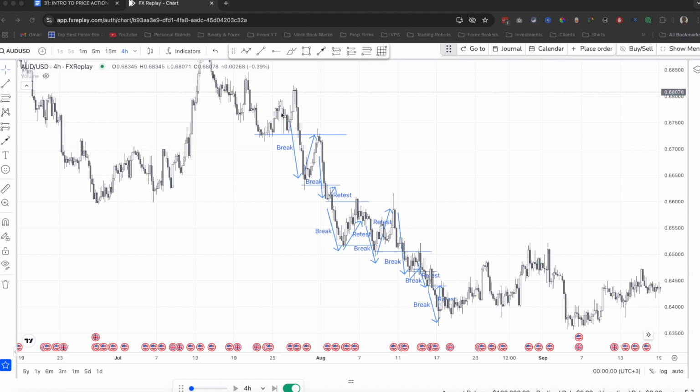After every break of that key level, we wait for a retest. There is a break of this key level, and the retest comes back to this key level, and then another break, and then a retest, a break and a retest.